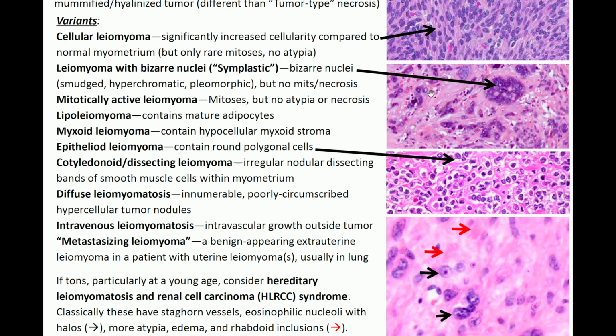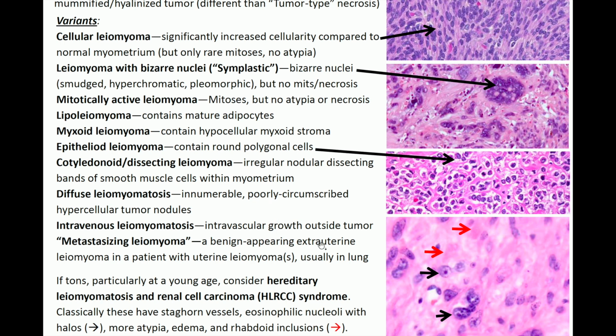You can also have a cotyledonoid or dissecting leiomyoma, with irregular nodular dissecting bands of smooth muscle cells within the myometrium, and diffuse leiomyomatosis, where you have innumerable poorly circumscribed hypercellular tumor nodules, as well as intravenous leiomyomatosis, which is intravascular growth outside the tumor, and metastasizing leiomyoma.